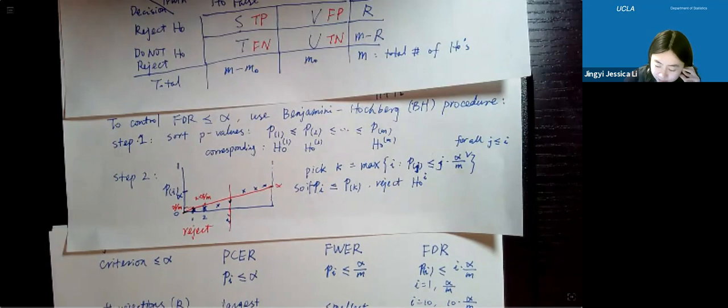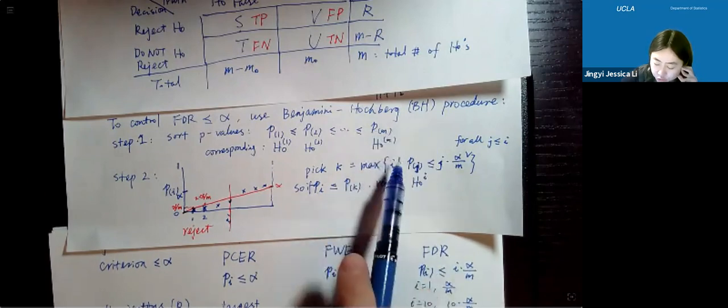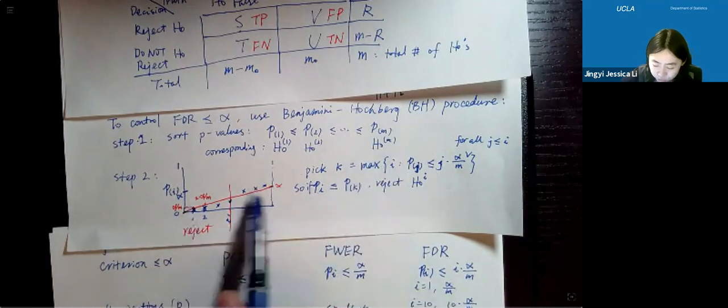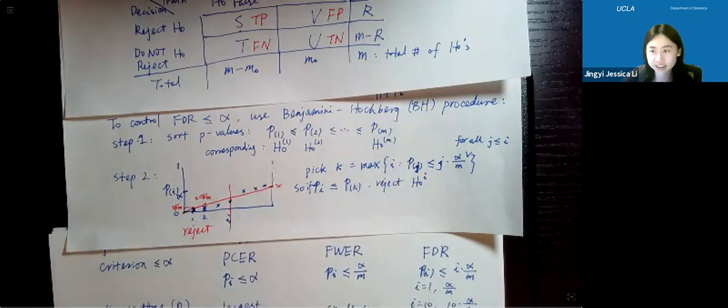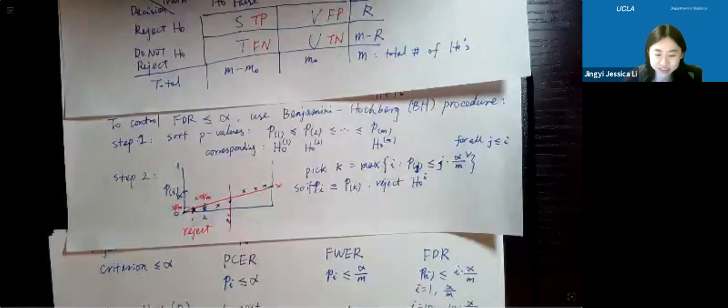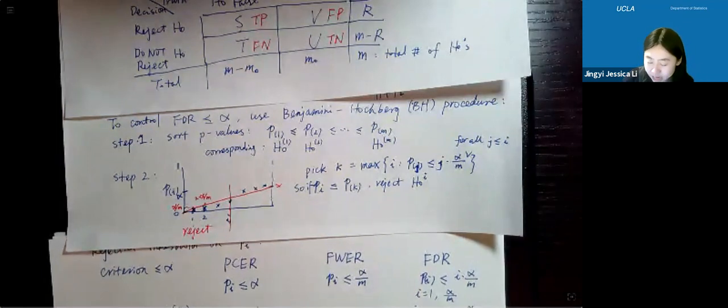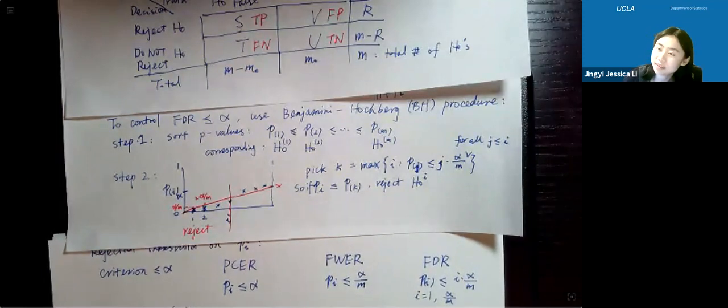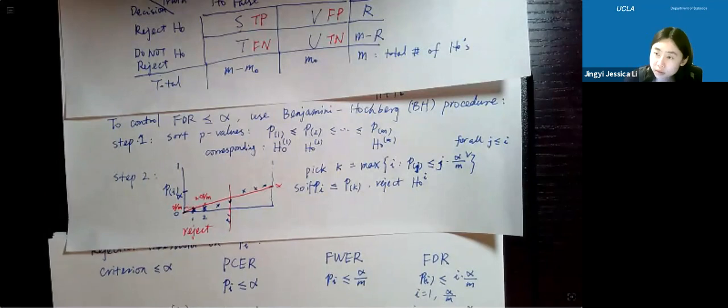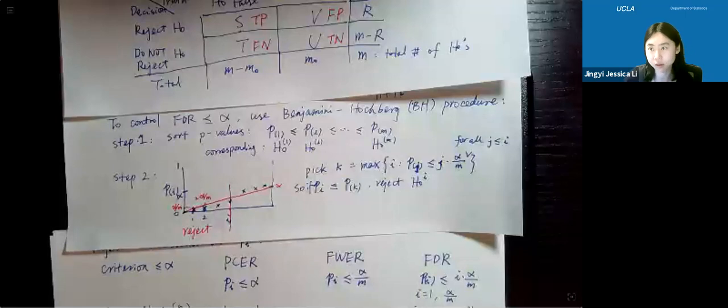So finally, now we know the FDR concept and the BH procedure. It's a very simple procedure, like everyone can code it yourself. Then the final important question is why can the BH procedure control the FDR? To formally answer this question, we need to have some strong background in probability.